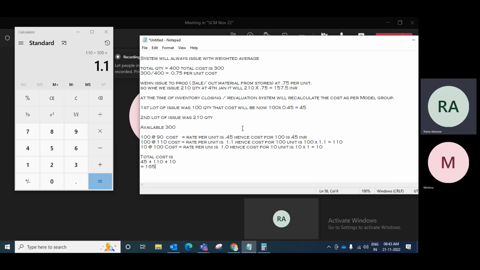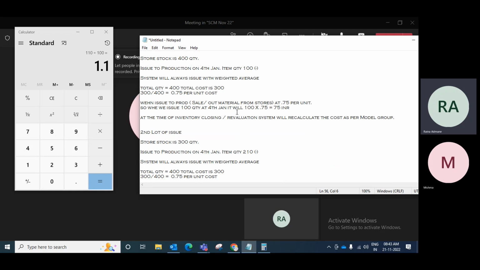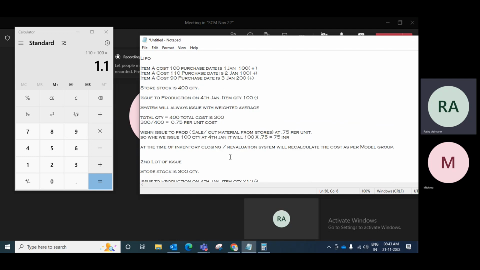So you have to tell all these concepts, that by default system works on the weighted average cost, other than standard costing. Whenever you apply standard costing, this concept will not work. That is an altogether different concept. But other than standard costing, there are a few more like LIFO, FIFO, weighted average, dated weighted average.